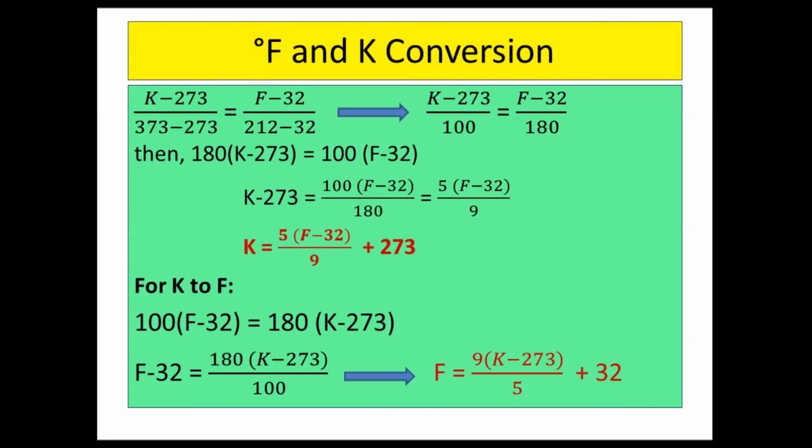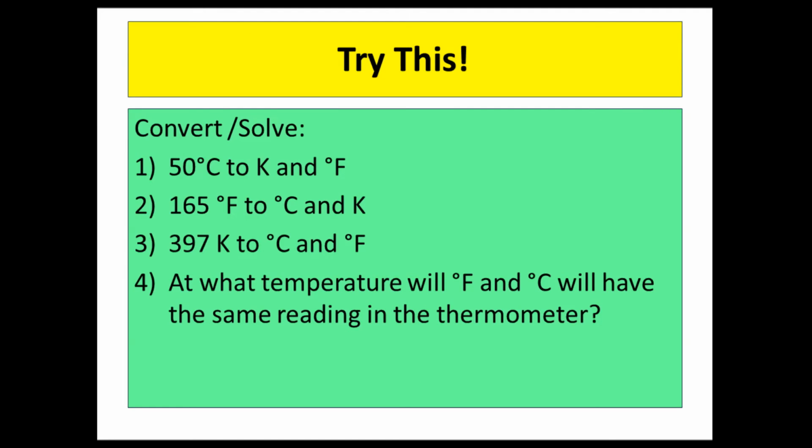In this slide, we show that K is equal to 5 times the quantity F minus 32, divided by 9, plus 273, and Fahrenheit is 9 times the quantity K minus 273, divided by 5, plus 32. So this is a derived conversion formula.